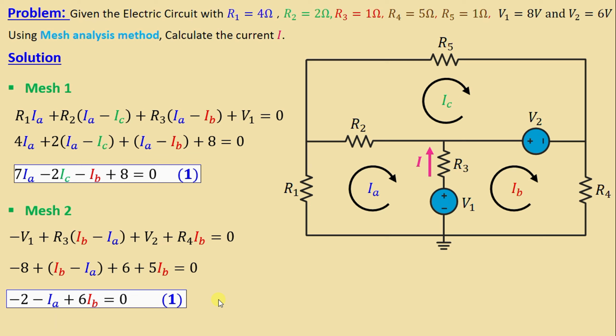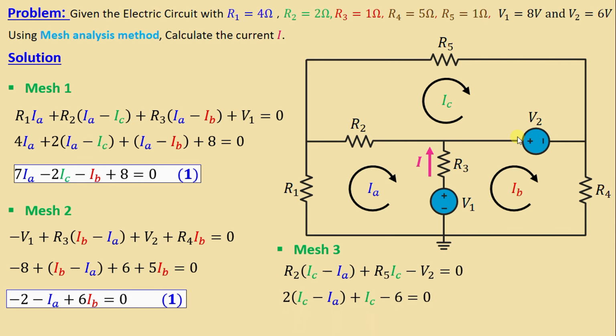Now we go to the last mesh, mesh number 3. By applying KVL in mesh 3, we can write R2 (IC minus IA) plus R5 IC minus V2 is equal to 0.